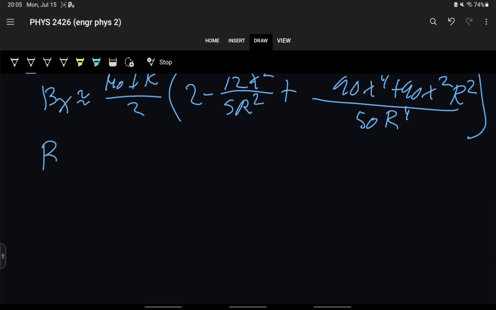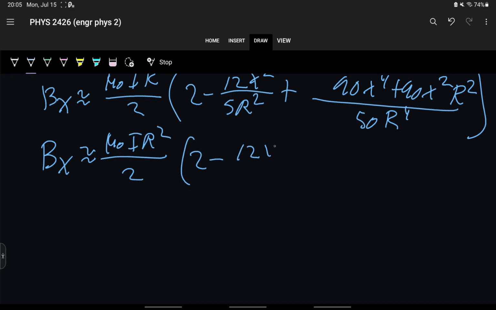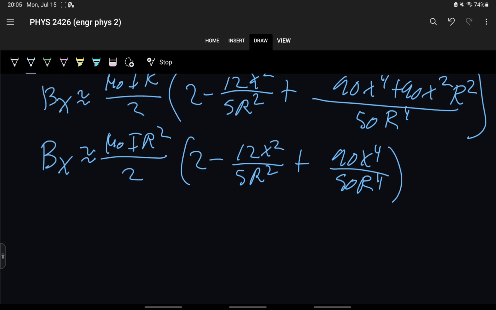And then we can keep simplifying this to be mu sub 0 times I times r squared, all divided by 2. And then we're going to have 2 minus 12x squared, all divided by 5r squared, plus this entire section right here is going to be simplified to 90x to the power of 4, all divided by 50 times r to the power of 4.